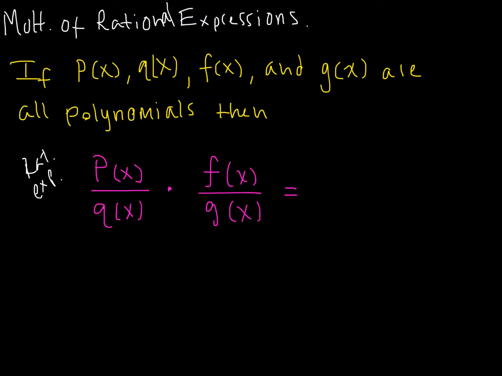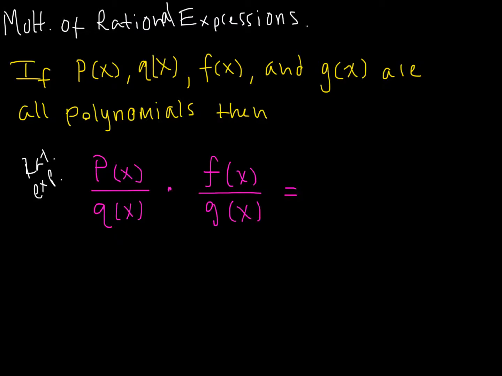I want you to go ahead and pause the video and write this out as you think it would be. How would I compute the product of two rational expressions? So it's just like I would with any regular fractions, multiplying two fractions. I'm going to do the same thing.